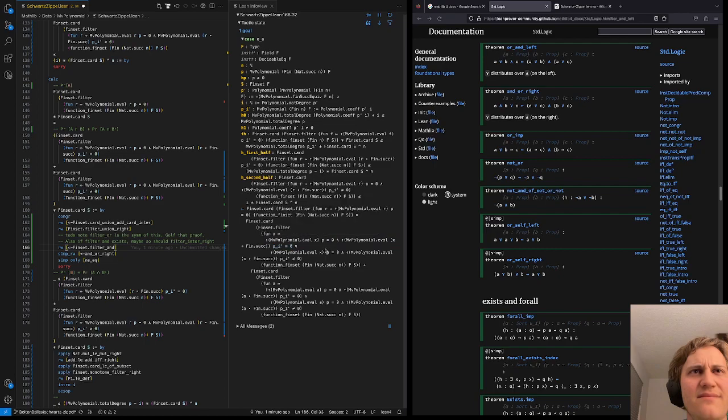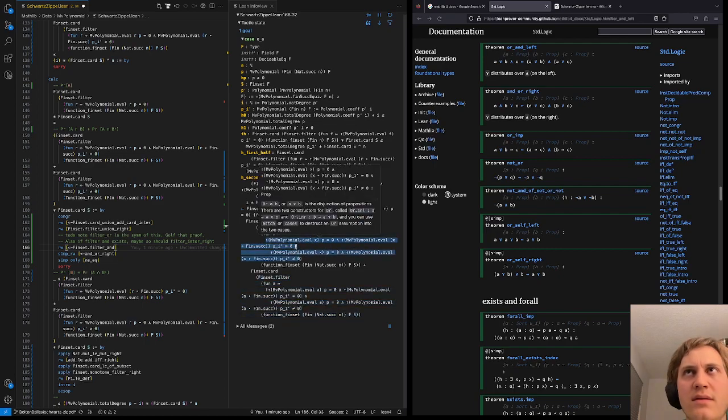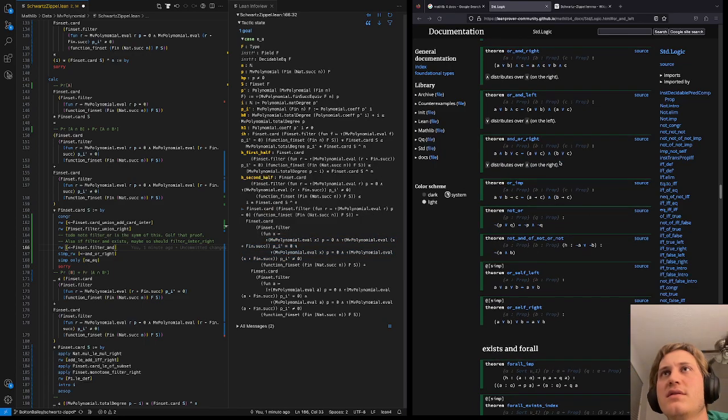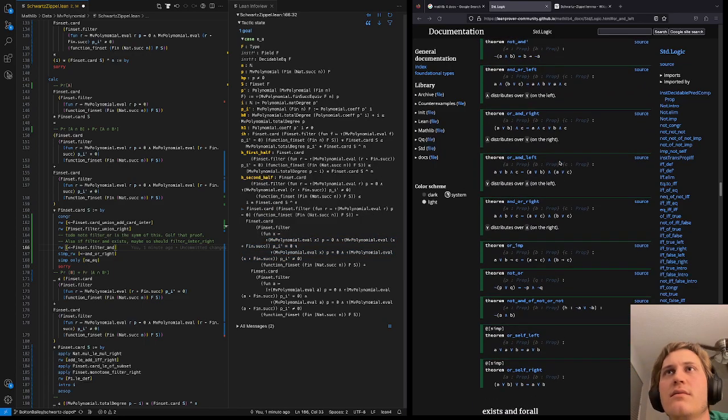Have I got this right? There should be an or in the middle. What? Okay, obviously I've got this wrong. I think I need to be doing something on the left. Is there more above? Okay, yeah, I got this.